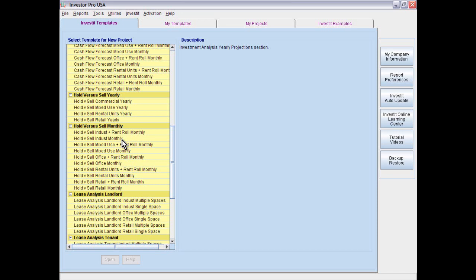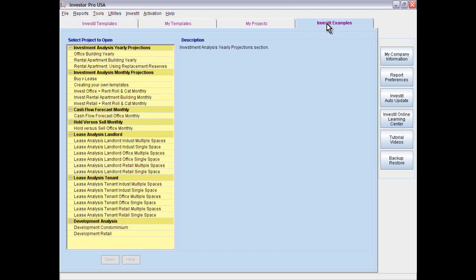In this case, it's industrial monthly. Or if you have multiple tenancies, you would choose a template with a rent roll, which will project out on a monthly basis. For illustration purposes, I'm going to go to Investor Examples, and I'm going to choose the hold versus sell monthly example.